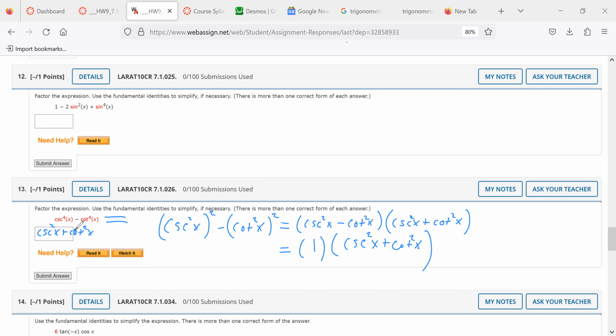On 12, you're gonna factor like trial and error, like trinomial factoring. I'll leave that for you. Yes, cool on 13.